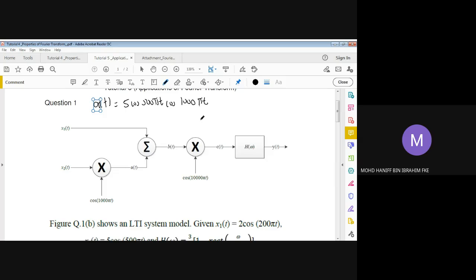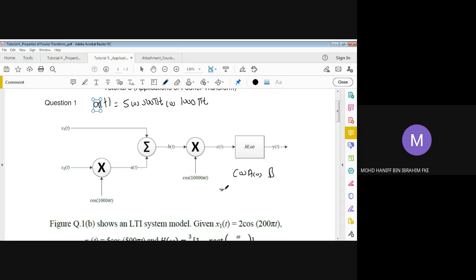Okay, so we need to write this a(t) in terms of an addition of cosine functions, because we want to do the Fourier transform. So by using the identity for multiplication of two cosines, cos A cos B equals half of cos(A − B) plus cos(A + B), that should be the identity used in solving this part.